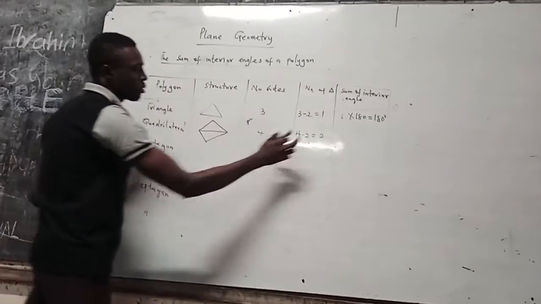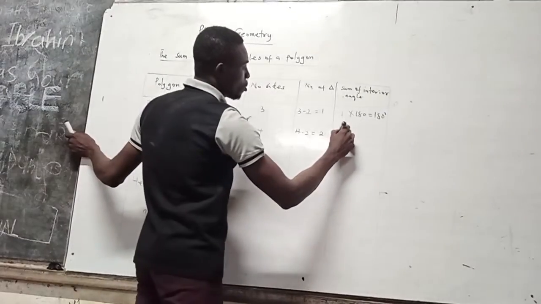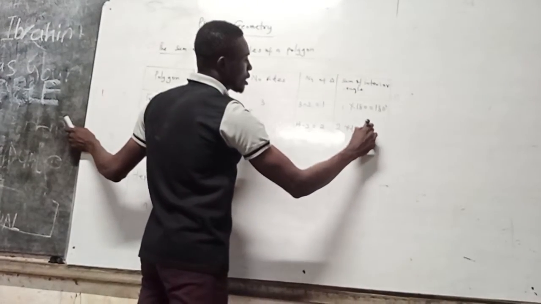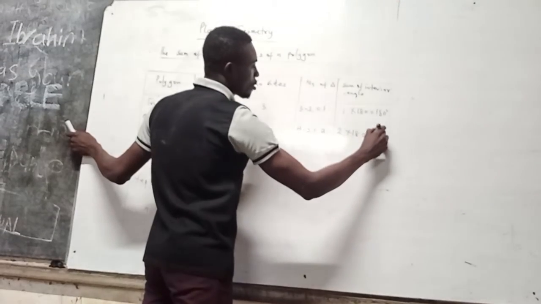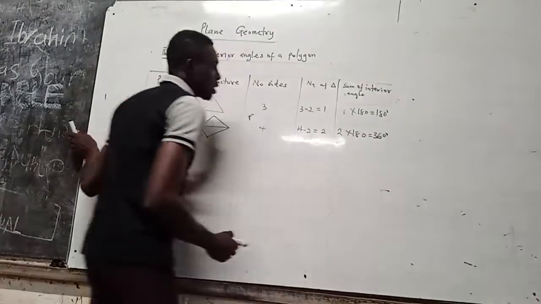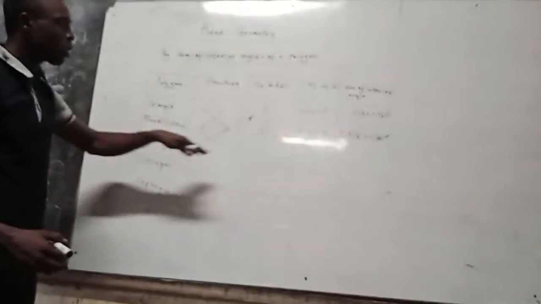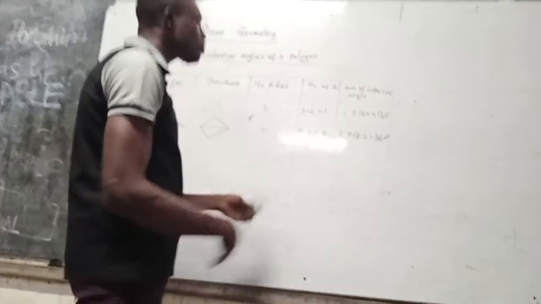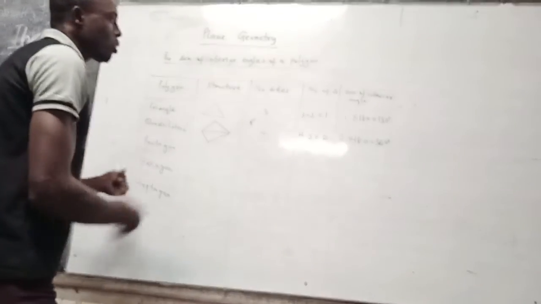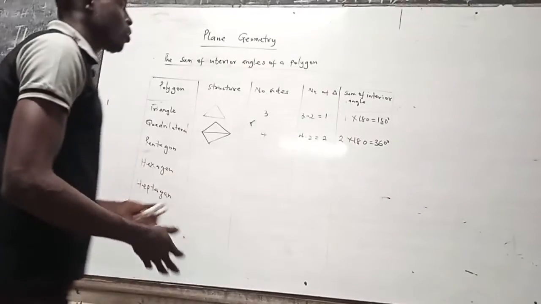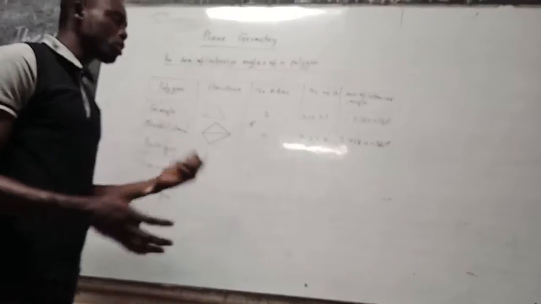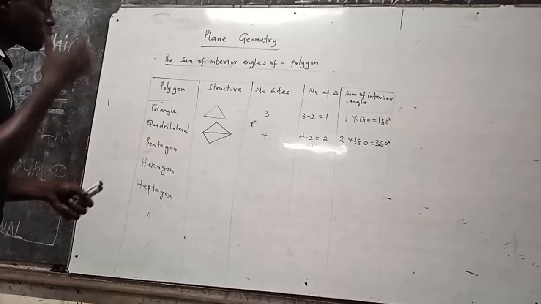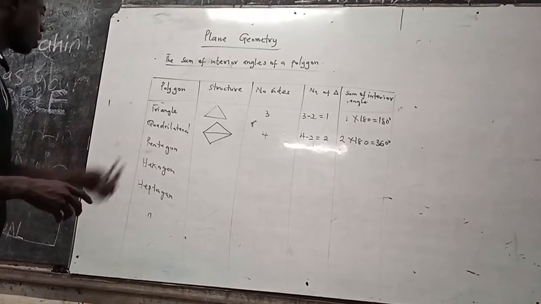So the number of triangles is 2. If you multiply 2 by 180, you get 360 degrees. So that is the sum of interior angles of a quadrilateral, and under quadrilateral we have square, parallelogram, trapezium, rectangle, and so on.